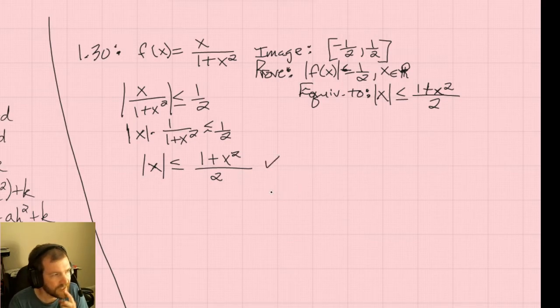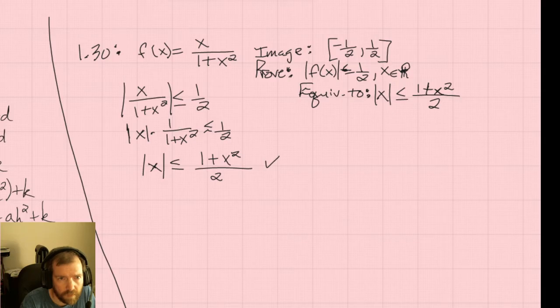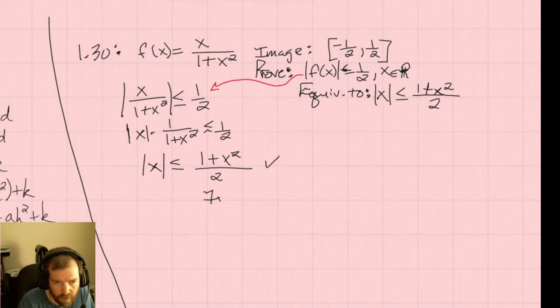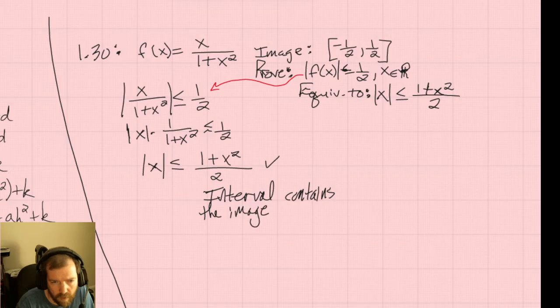Okay, so the interval here contains the image of the function. The interval contains the image.